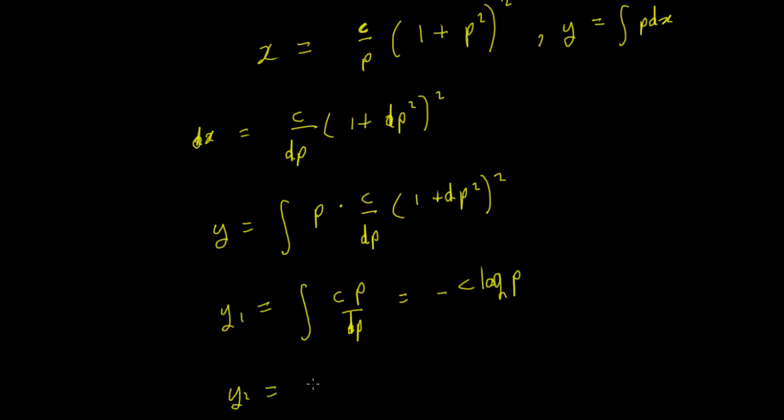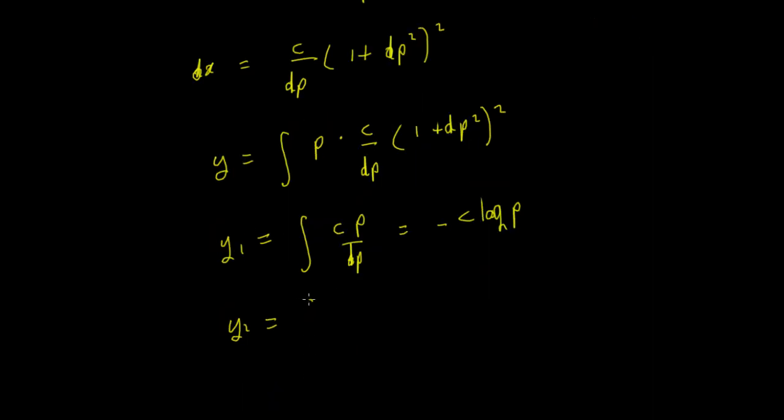The second part of it is the integral of cp upon dp, and when we multiply this out, it's going to be the 2p squared.